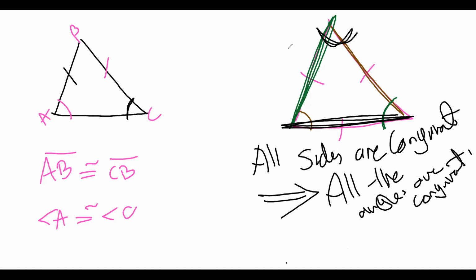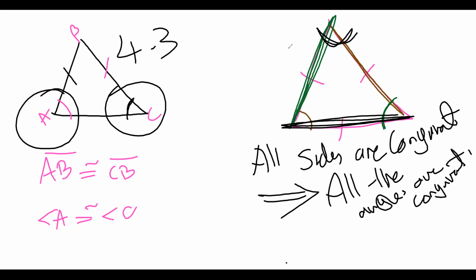It is like a result of theorem 4.3. In theorem 4.3, we say that if you have two sides that are congruent, their opposite angles will be congruent too. In this corollary, which is a result of theorem 4.3, we are not talking about two sides, we are talking about three sides. If these three sides are congruent, their angles will be congruent too.